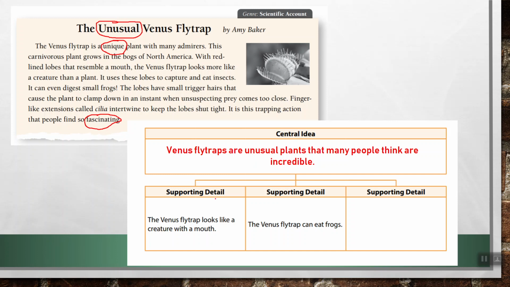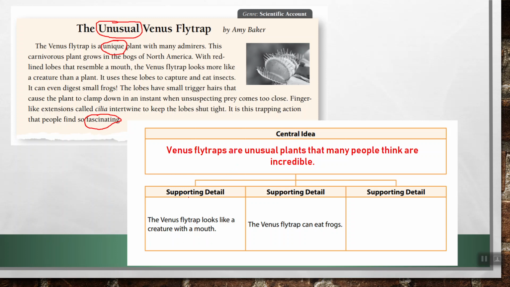What are some details that help develop or elaborate on this idea? One of the details is that the Venus flytrap looks like a creature with a mouth. That helps develop the idea that it's an unusual plant.